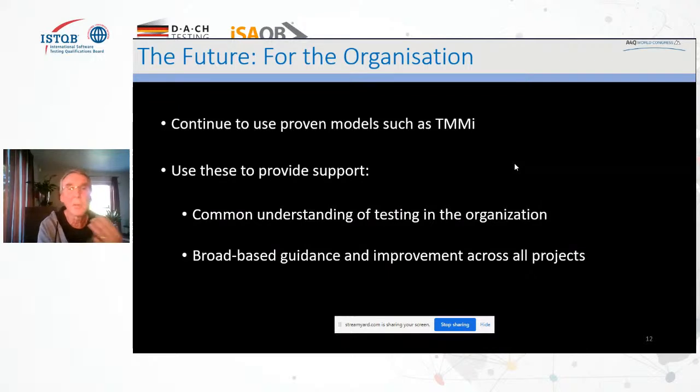And because they usually have more time to consider these overarching issues, you would have the time to use something like TMMI and adapt it to the agile world. Not perfect, but it can be done. So you would use that to gain a common understanding of what testing means in your agile organization. Okay, so broad-based guidance and improvement across all projects.